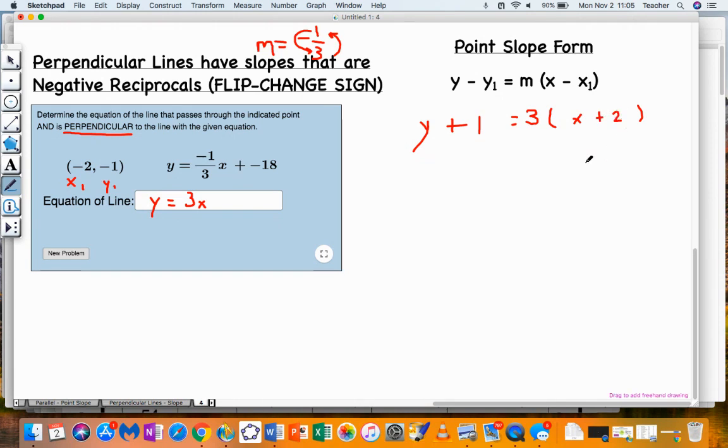Just like the other one, where it had minus a negative. And then you distribute. If you recognize, this is the same steps as before. That's 3x, which we knew it was going to start with 3x, because we flipped and changed the sign. That's a +6, distributing, we're multiplying.